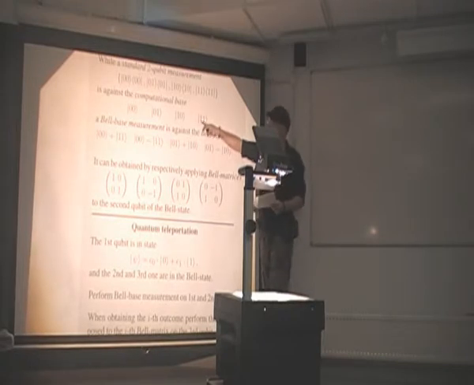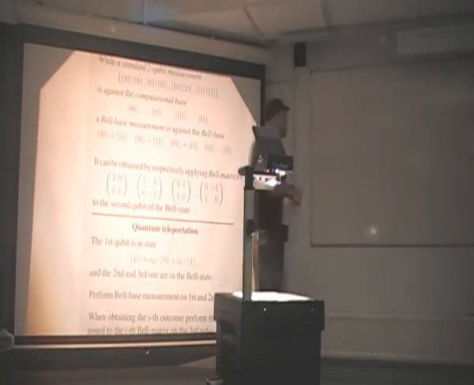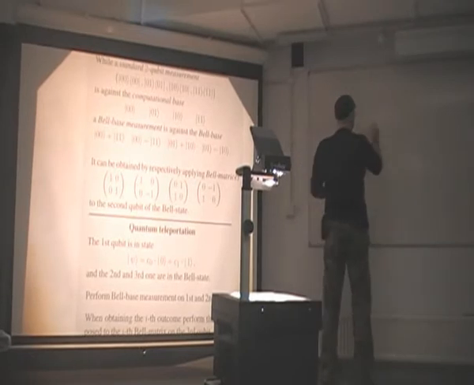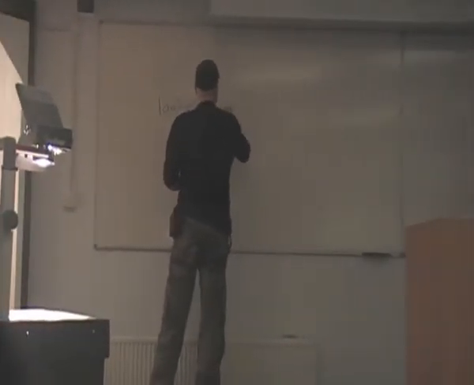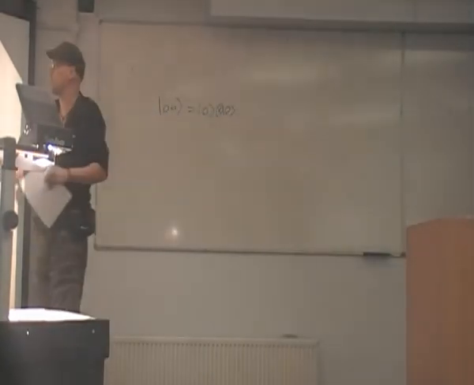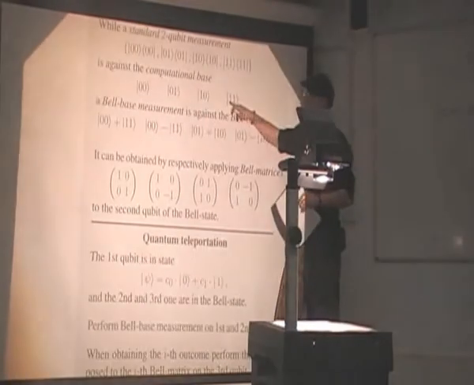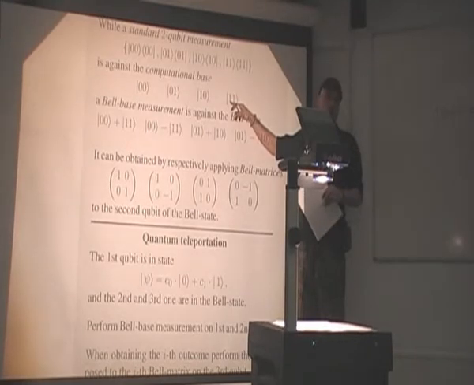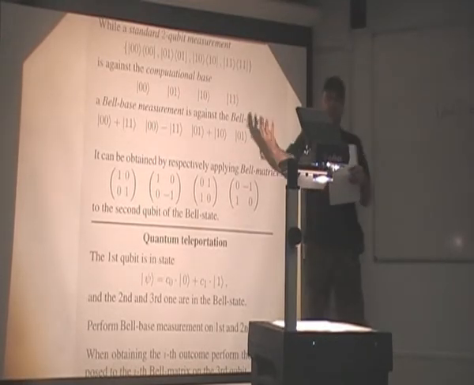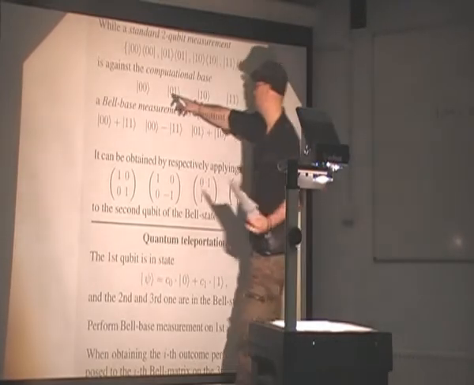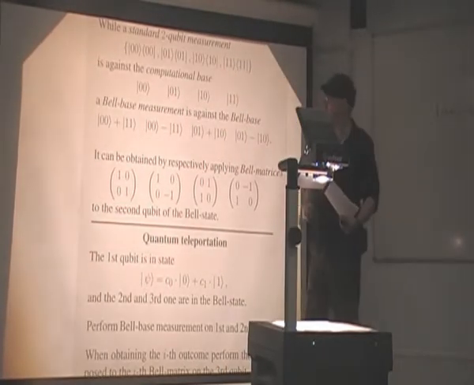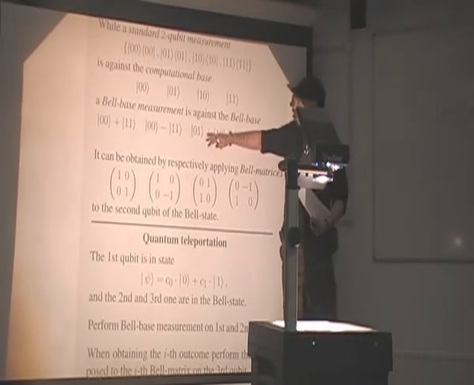You want to read this as just the tensor of base vectors of the two underlying spaces. So this is how you would build up a standard base in a tensor product space. You take the base of one of your subspaces, you take the base of your other subspace, and just multiply the base vectors and get these four. Now, a more interesting one is this guy.